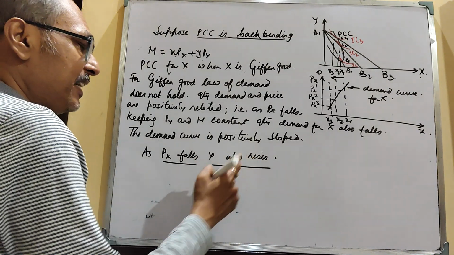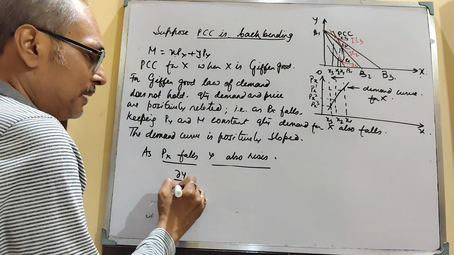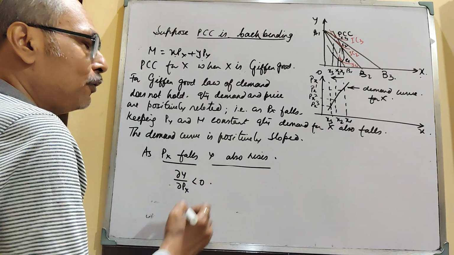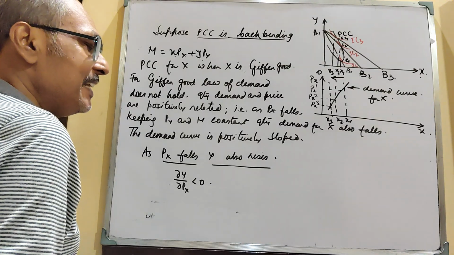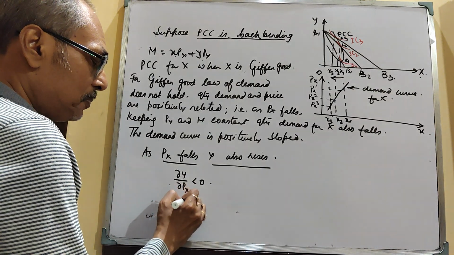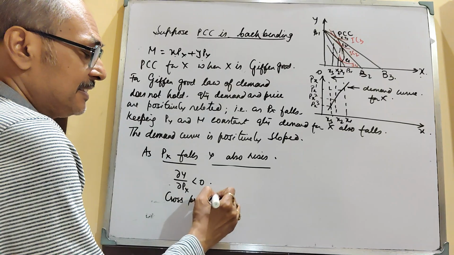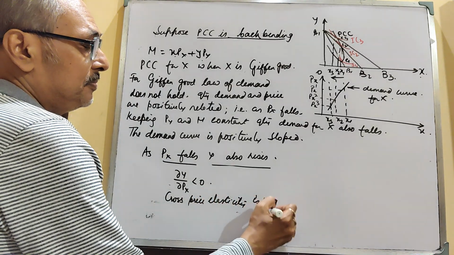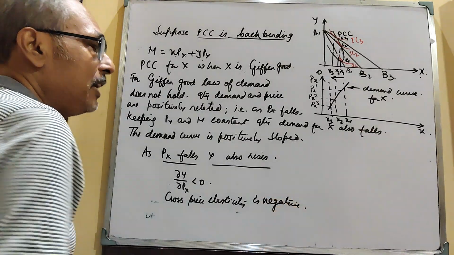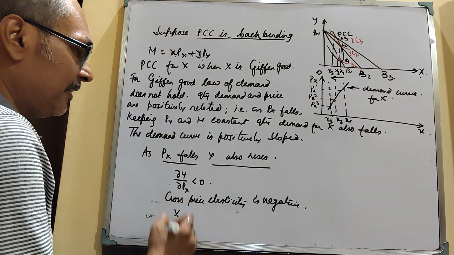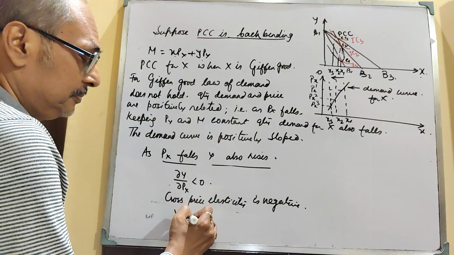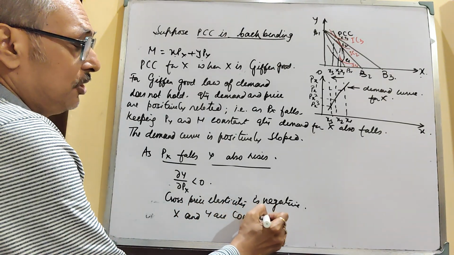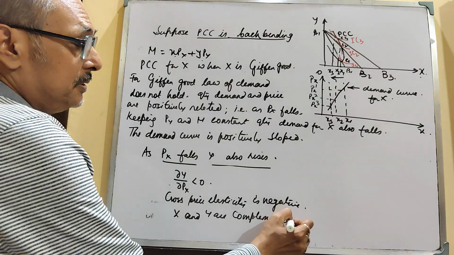This is an inverse relationship. Del y by del Px is negative. Therefore, cross price elasticity is negative. Therefore, x and y are complementary goods.